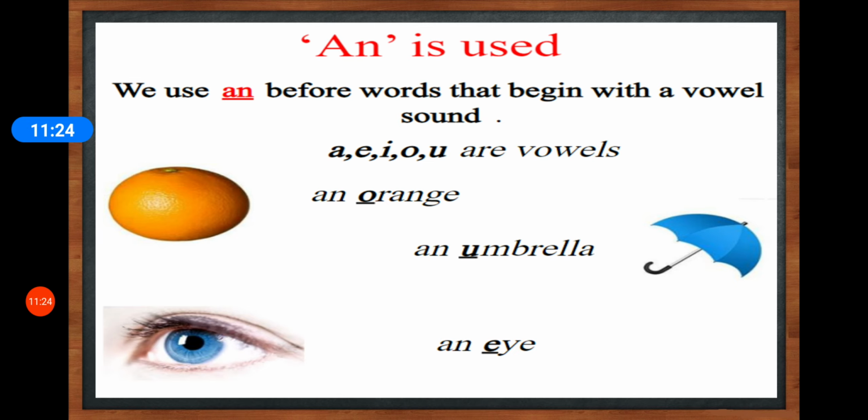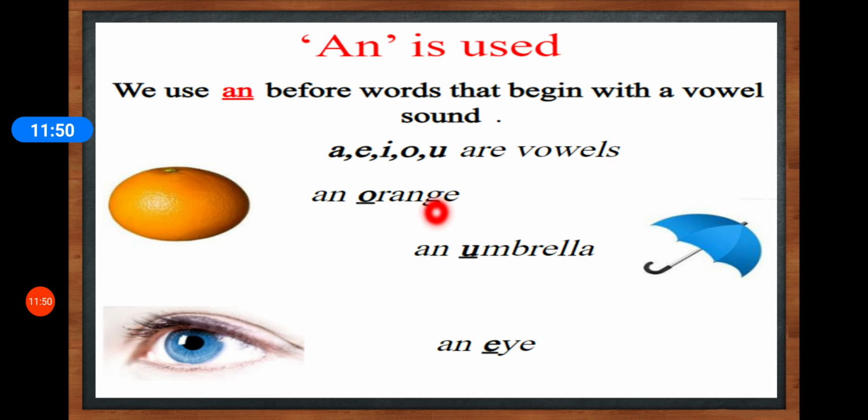Now let's move on to the usage of an. Yes, we all know that we use an before words that begin with a vowel sound. Yes, and A, E, I, O and U are vowels.